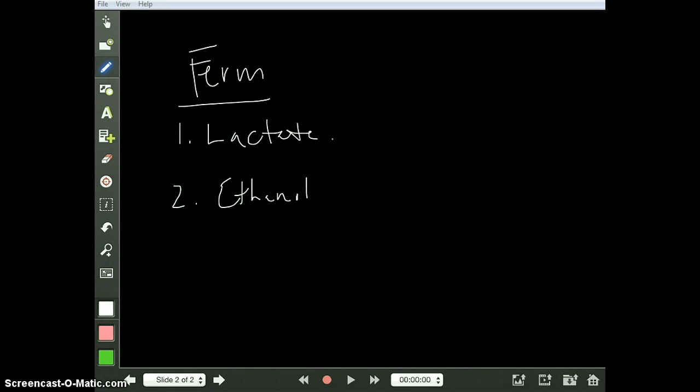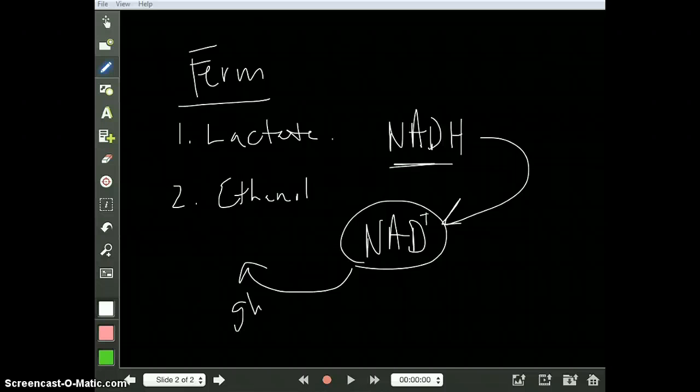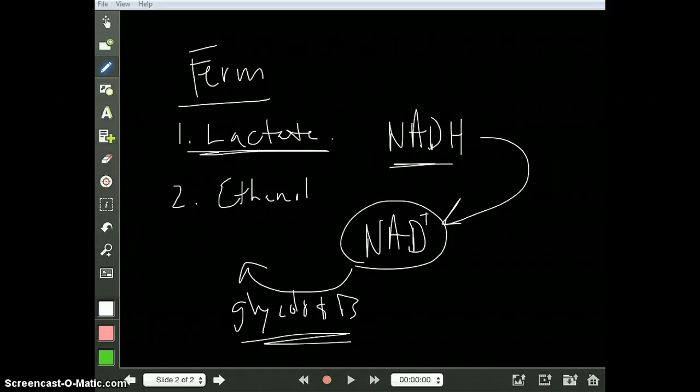There are 2 different methods of fermentation in which I take this reduced form, NADH, and convert it back to my oxidized form, NAD. That allows this electron carrier to get back to glycolysis and be ready if oxygen becomes present later on. The byproducts are lactate, or lactic acid, in humans, and ethanol in things like yeast or bacteria.